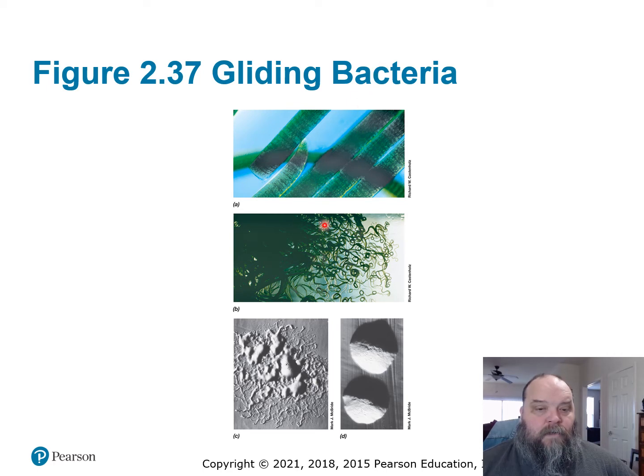The cyanobacteria here can use what is known as gliding. This allows them to move across the top of wet surfaces. It's a very slow process.